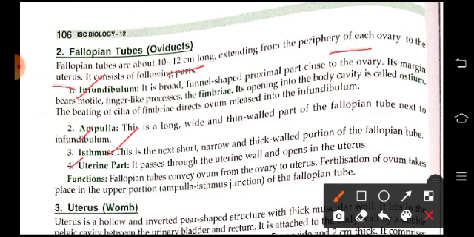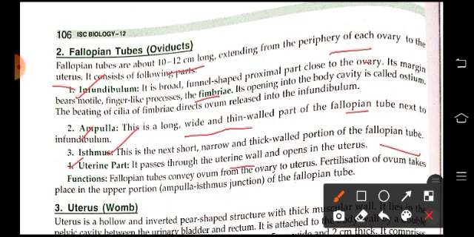Now the infundibulum is the proximal part close to the ovary, and its margin has finger-like processes called fimbriae. The ampulla is a long, wide and thin-walled part of the fallopian tube next to the infundibulum, and the isthmus is the next short, narrow and thick-walled portion. Now the uterine part passes through the uterine wall and opens in the uterus.